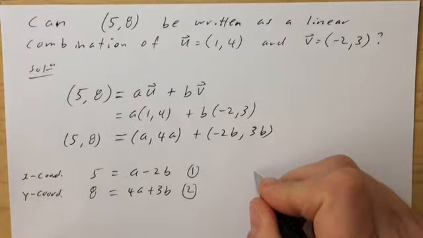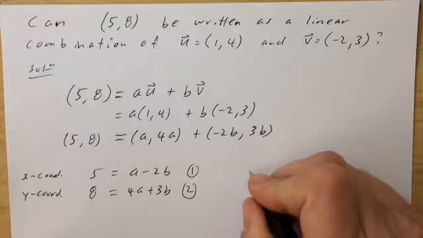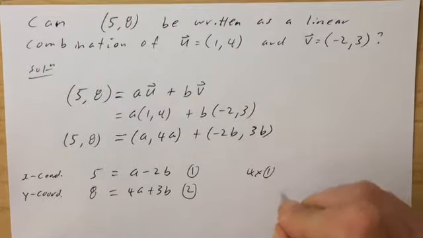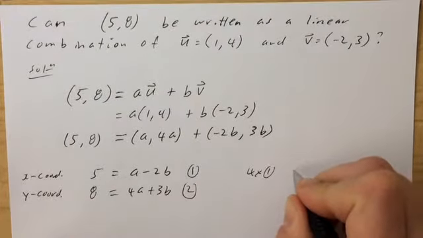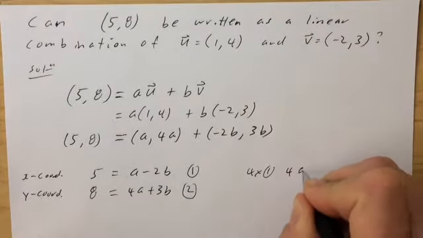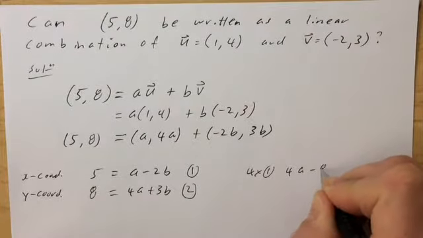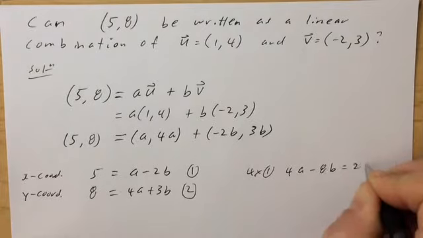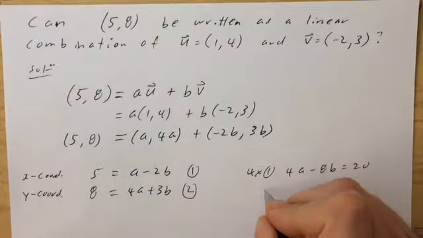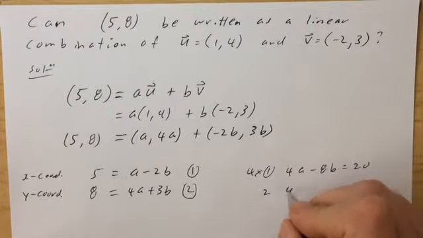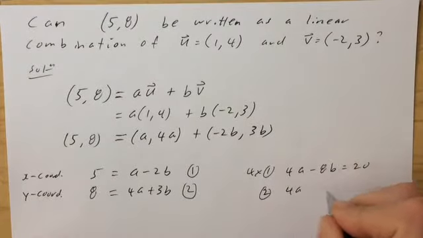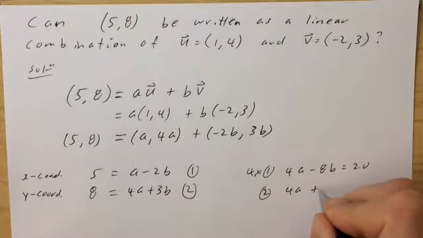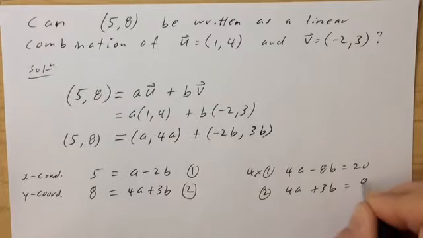So I'm going to do 4 times equation 1, which is going to be 4a minus 8b equals 20, and then equation 2 is going to be 4a plus 3b equals 8.